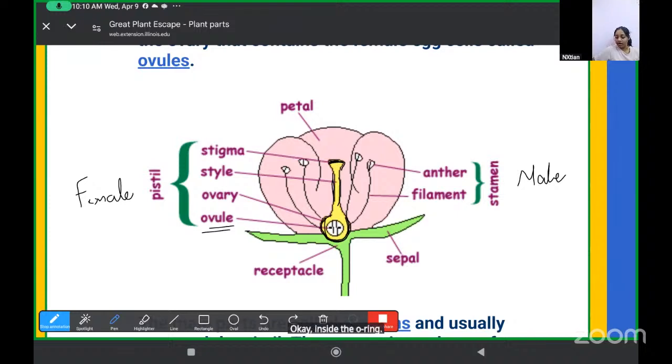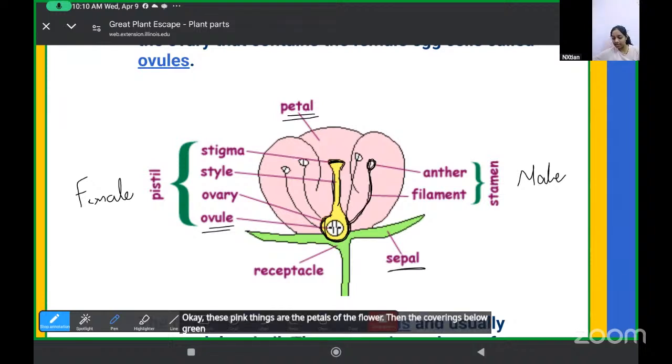Then the male part, we have anther, and the tube attached to the bottom known as filament. These pink things are the petals of the flower. Then the coverings below, the green ones, are the sepals, and the center part of the covering is known as receptacle. So these are the parts of a flower. Let's study them in a more elaborate manner.